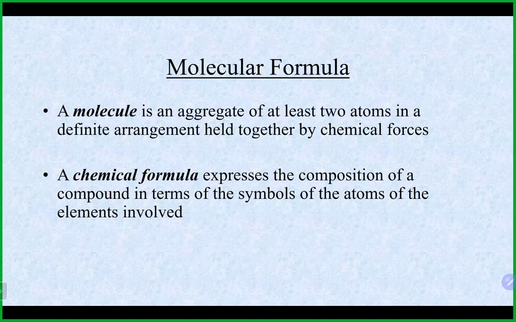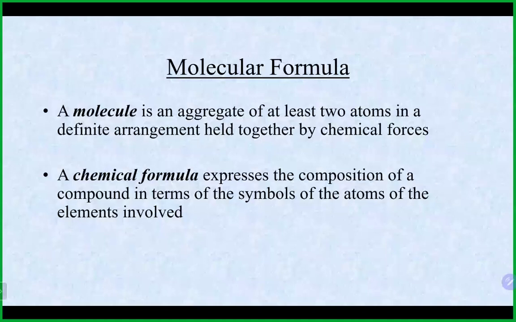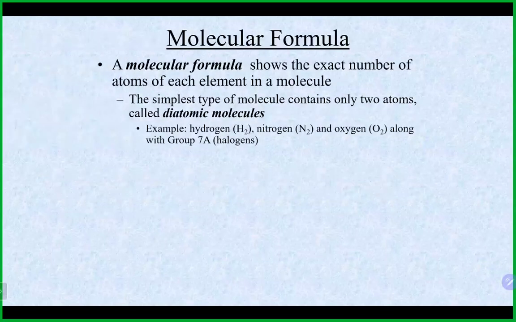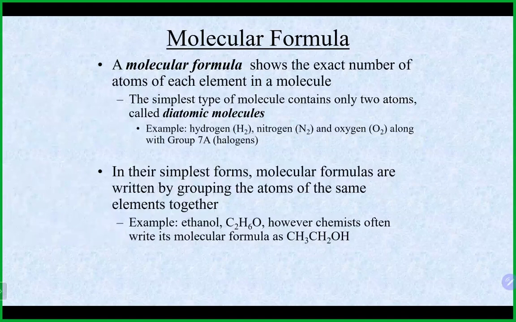It can be two or more of the same element or different elements. Remember that if it is a compound, it has to be different elements coming together. A chemical formula expresses the amount of each of those elements present in it, and the molecular formula is the formula that tells you exactly what is present.